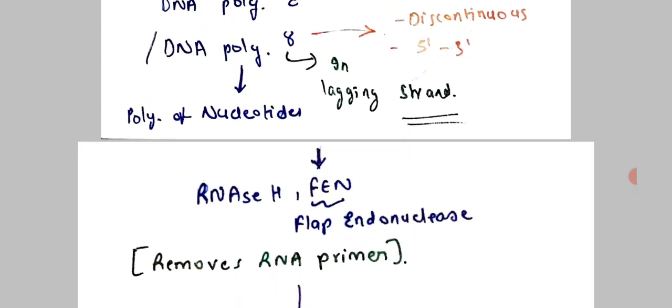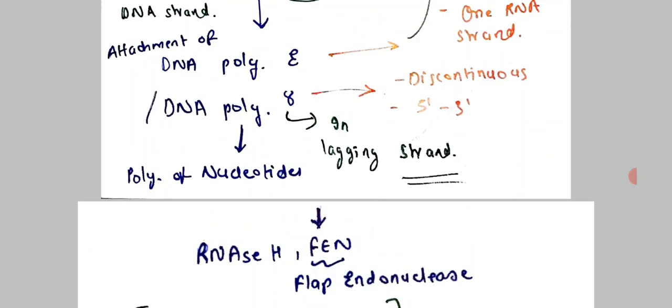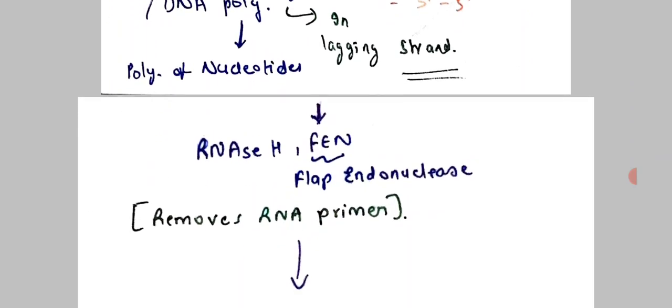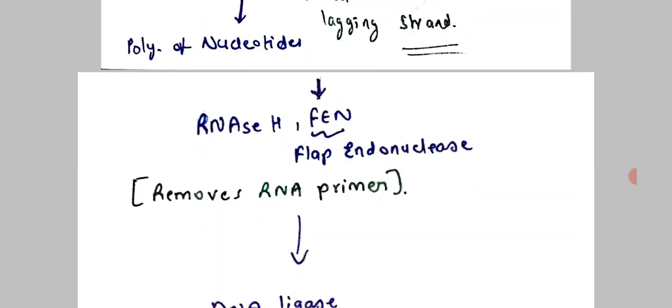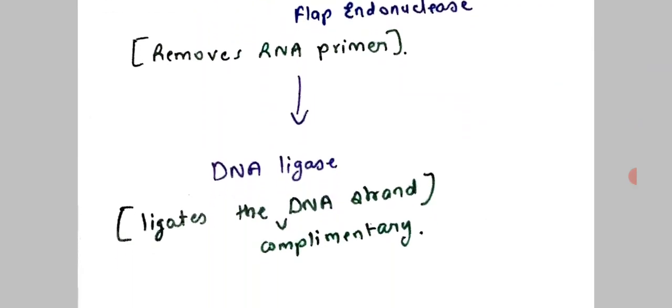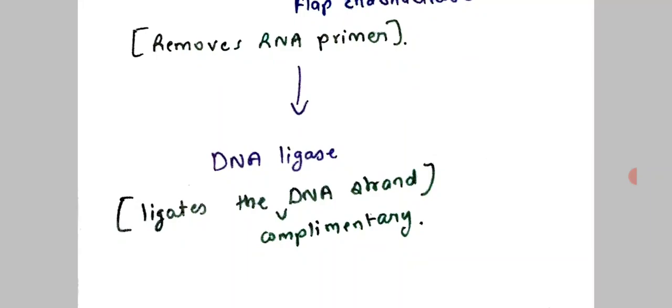In the lagging strand, polymerase adds nucleotides after the RNA primers. Then comes FEN1, which removes the RNA primer, then DNA ligase ligates the complementary DNA strand. So that's it for the replication of DNA.